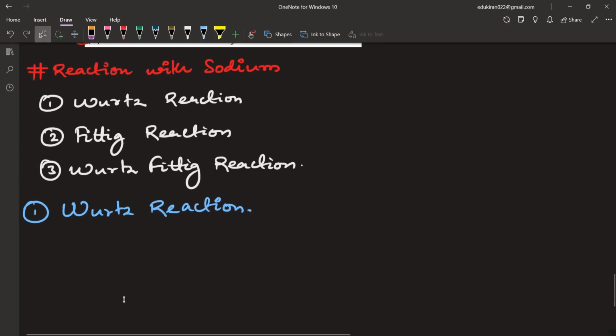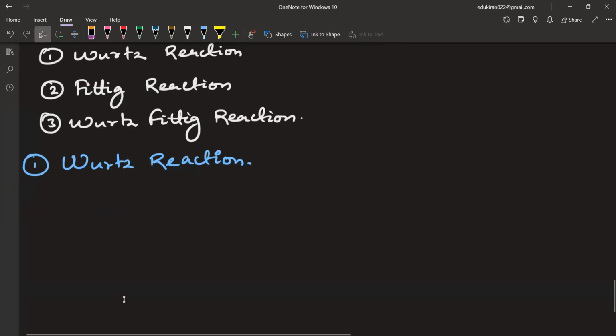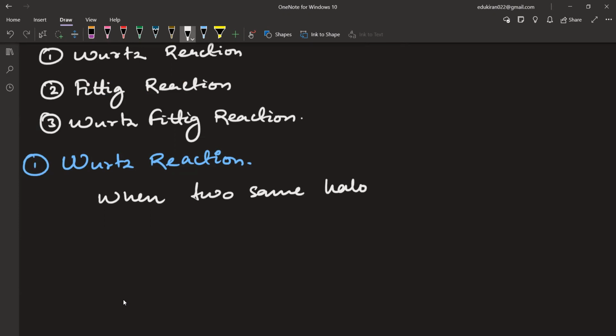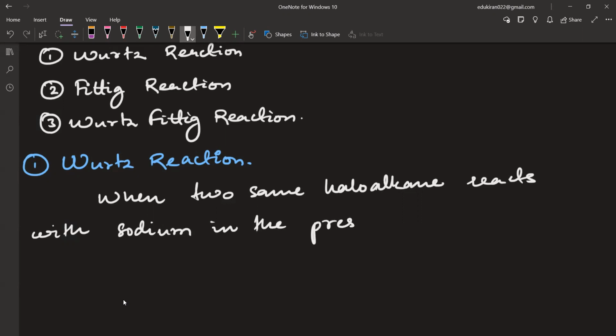Okay, the Wurtz reaction. In Wurtz reaction, you'll write: when two same haloalkanes react with sodium in the presence of dry ether, no one will ask you here why we are using dry ether.